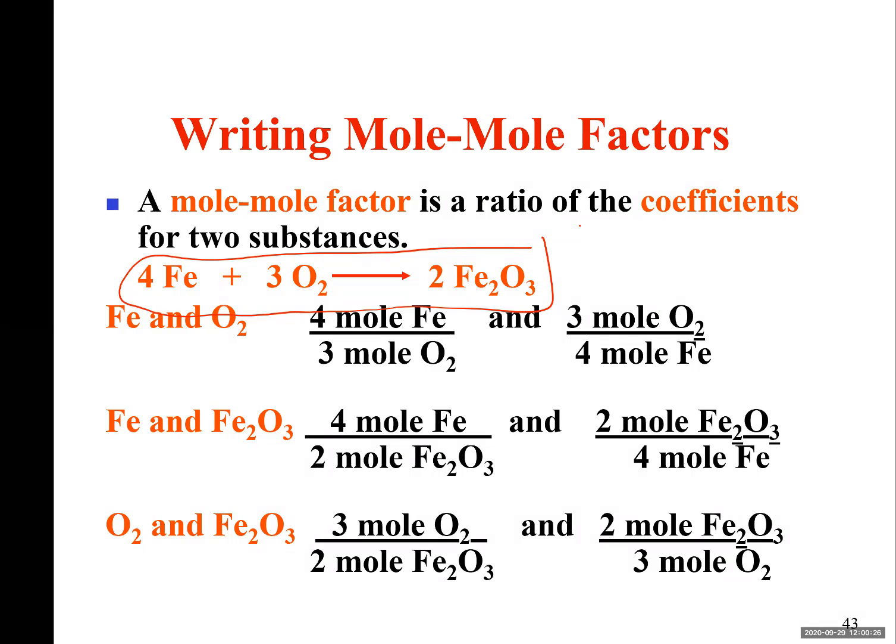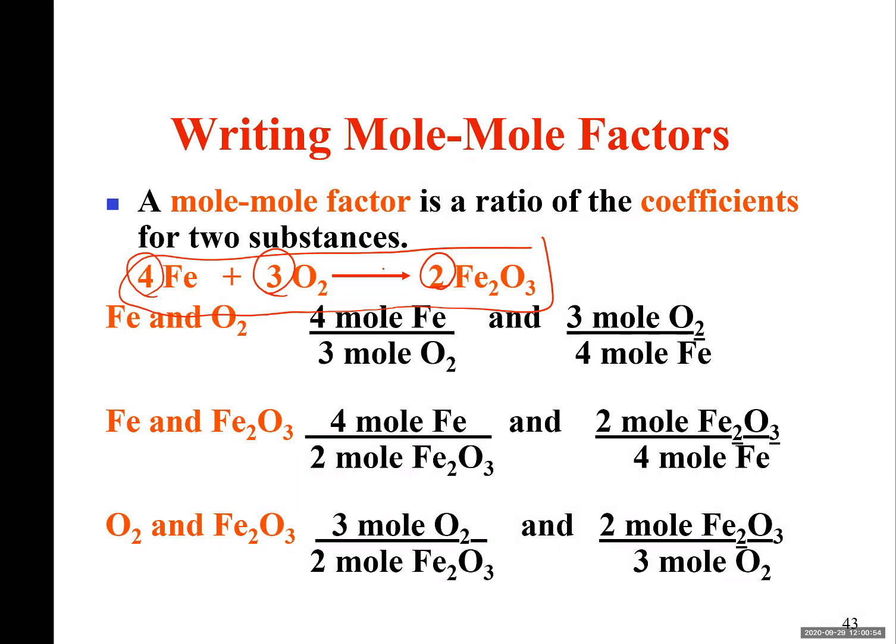Guys, is it possible to look at the number of moles in this chemical equation and relate reactants and products together? Or is it possible to relate the number of moles of different reactants together?